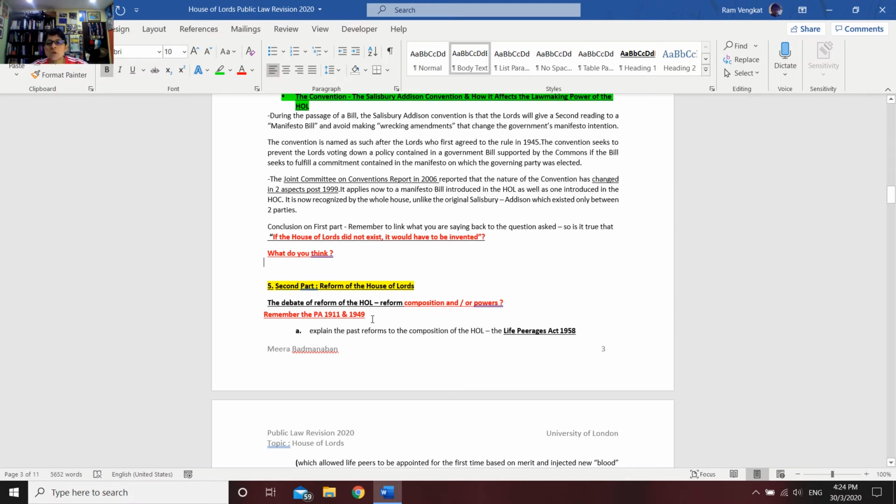Now, when we talk about reform, we need to ask the question: do we want to reform the composition, that means the membership of the House of Lords, and do we want to also reform the powers of the House of Lords? Or do we only want to reform the composition? Based on whatever we said earlier, such important work is done by the House of Lords. We don't want to take their powers away, do we? Because it's a very important scrutiny chamber.